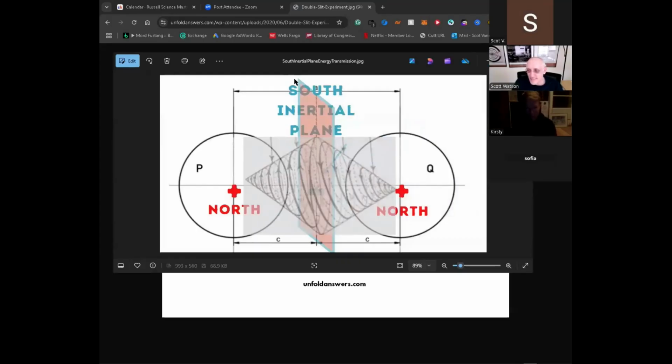we can almost imagine if this south inertial plane here in the middle was like the wall. If we put two slits in this south inertial plane, and this was our light source over here, one particle might go through up here, another might go through down here, but then on the other side, they're going to have to follow... Now, let's see.